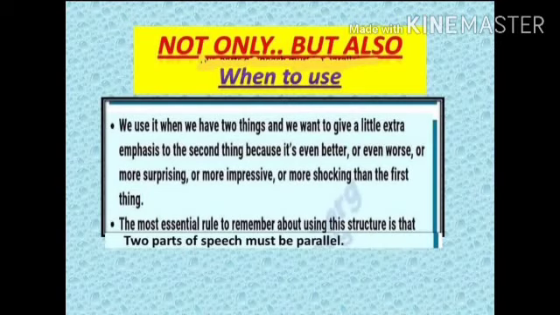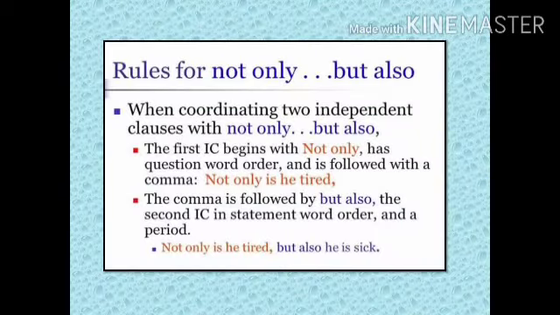Well, we use it when we have two things and we want to give a little extra emphasis to the second thing because it's even better or even worse or more surprising or more impressive or more shocking than the first thing. And second, the most essential rule to remember about using this structure is that two parts of speech must be parallel. Rules for not only but also.